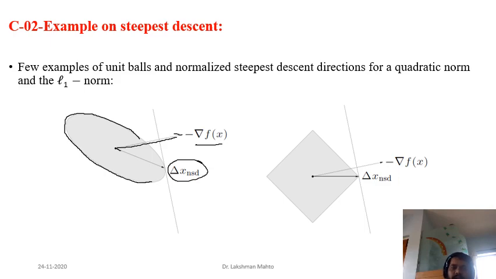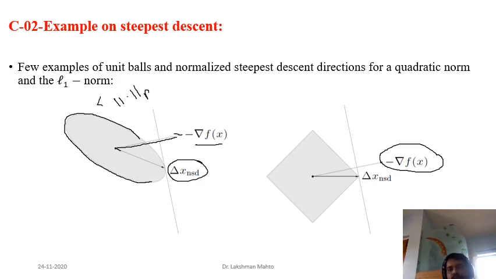Why? Here we are not taking the norm as the Euclidean norm. It is a non-Euclidean norm. The norm comes with respect to some kind of quadratic norm, or with respect to some positive definite matrix. Another picture is for the L1 ball, and in the L1 ball also you can observe that the negative of the gradient is not giving a steepest descent direction.